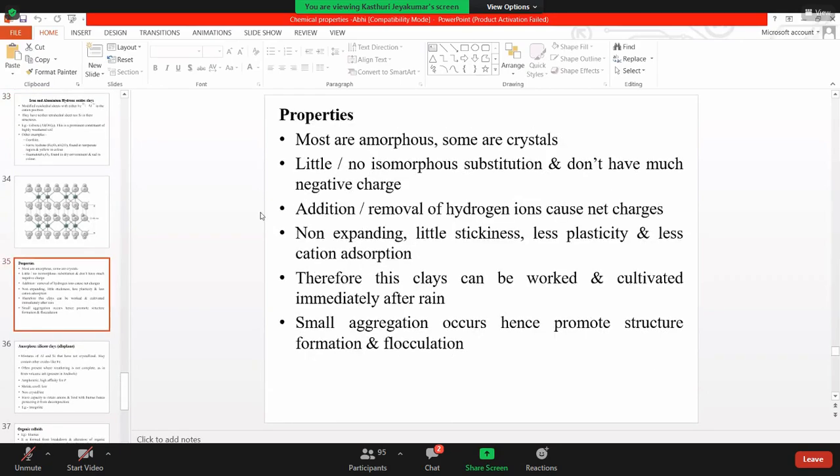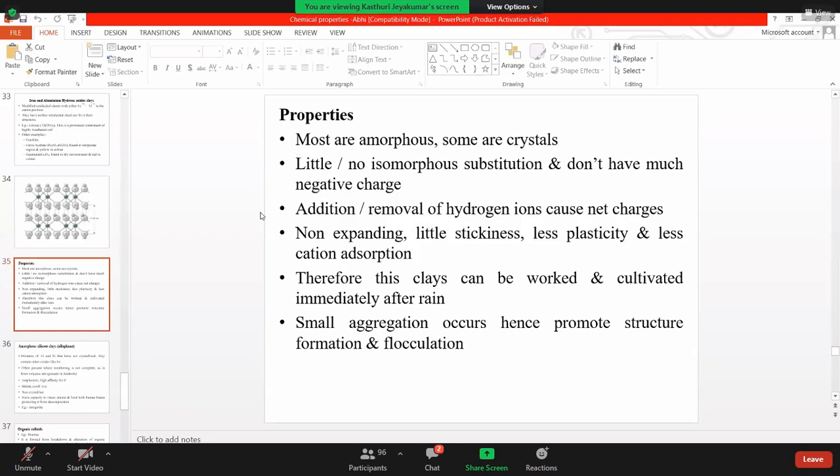Continue. Properties. Most are amorphous and some are crystals. Amorphous means it doesn't have shape. Little or no isomorphous substitution and they don't have much negative charge.